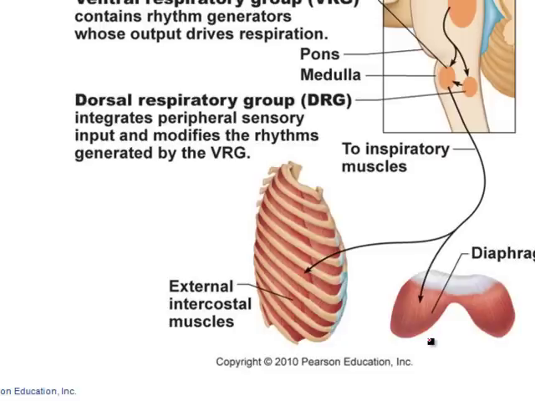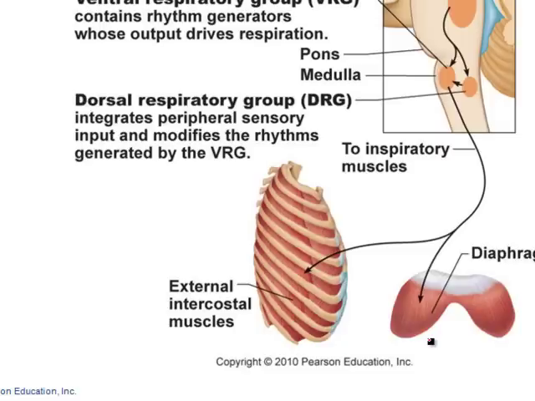And these are the guys that are going to send messages to the guys that are responsible for making that thoracic cavity smaller or larger. Diaphragm's a biggie, and of course my intercostal muscles. So the dorsal respiratory group, the DRG, located dorsally near the root of cranial nerve, who? 9.